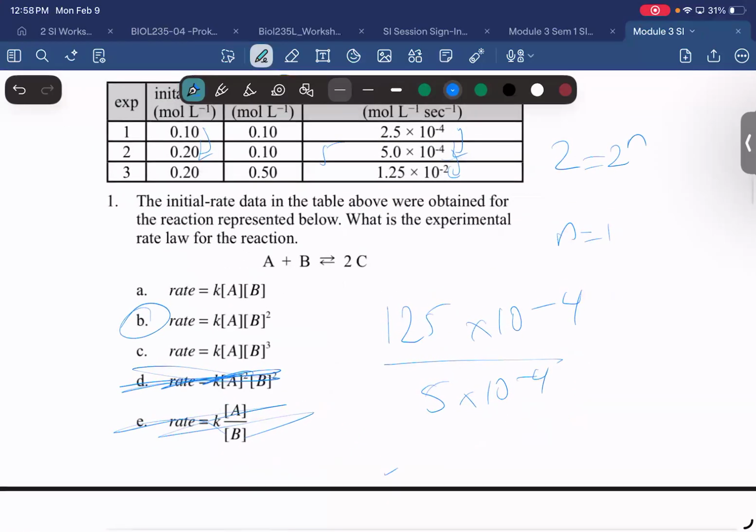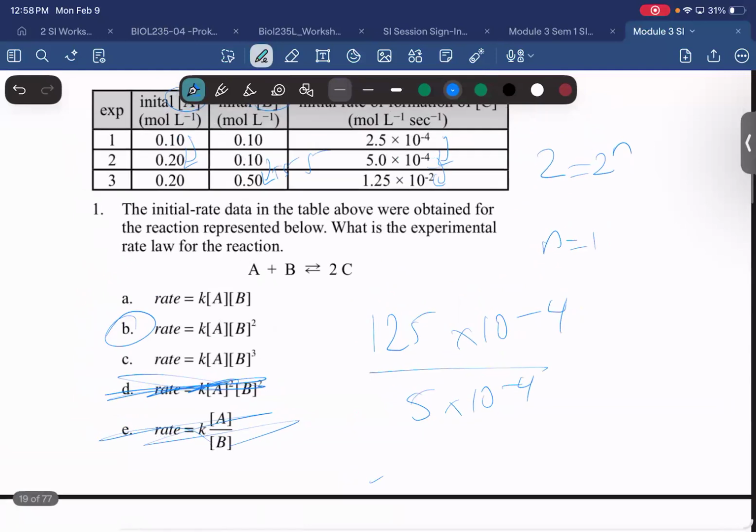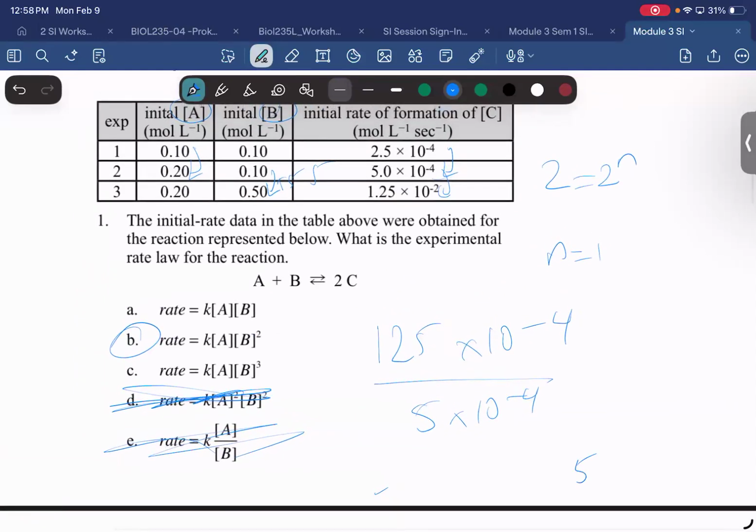For B, we see that the concentration increases by a factor of 5, right? We might not know off the top of our head what's happening to the rate, but we can do math here. I just moved the decimal places around.